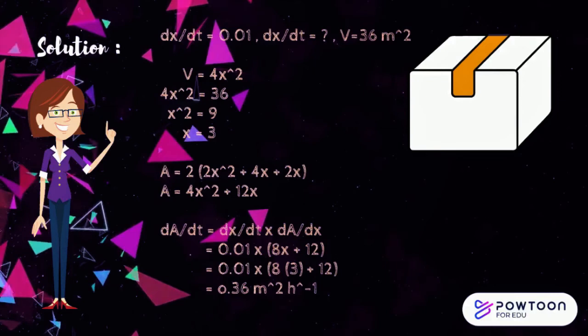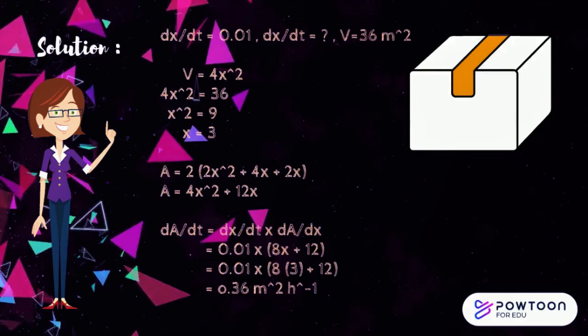You can see that dA over dt has a relation with dx over dt and dA over dx, because after this, we can cancel both dx, and we will get only dA over dt. So, dx over dt is equal to 0.01. We multiply with dA over dx, which is 8x plus 12.